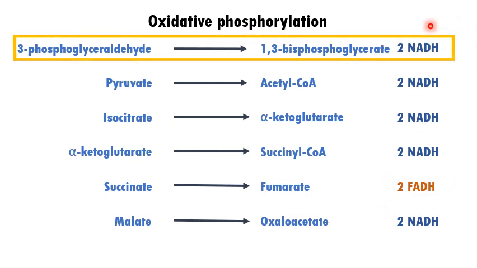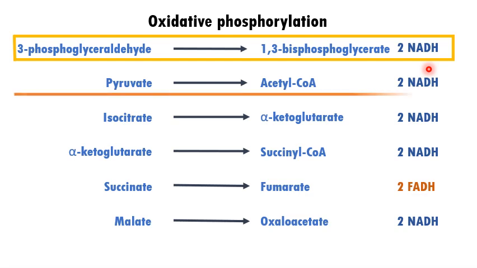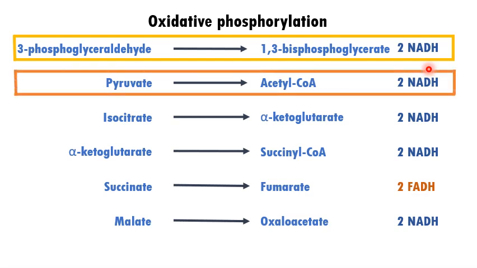The sixth reaction of the glycolysis, 3-phosphoglyceraldehyde converting into 1,3-bisphosphoglycerate, will yield 2 NADH. And the preliminary reaction to the citric acid cycle, that is the pyruvate getting converted into acetyl-CoA, also gives rise to 2 NADH.